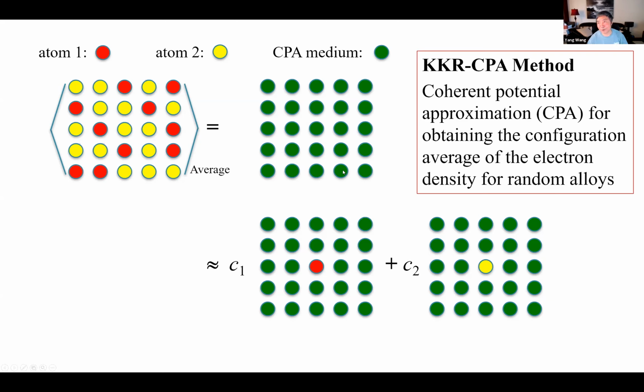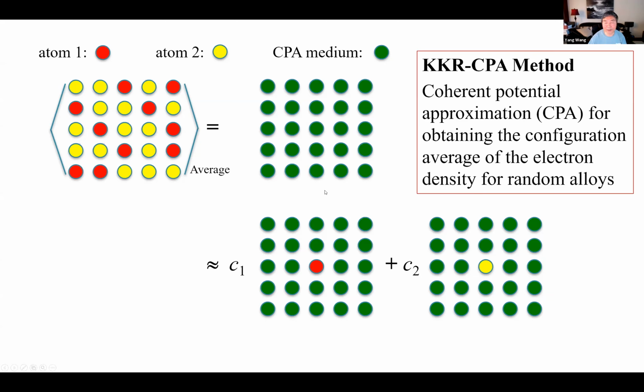You can relate that to an approach like the virtual crystal approach, where they try to average the potential, but that's not really a good way to do it. The idea is very much similar, though. We find an average medium that has the features of the real crystal being averaged. That's what we want to find.